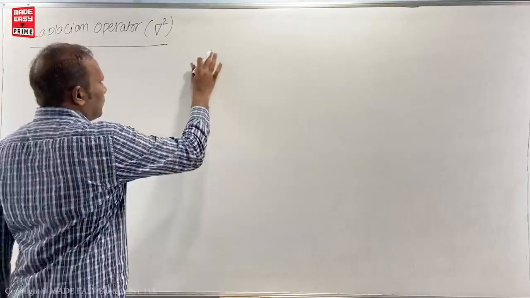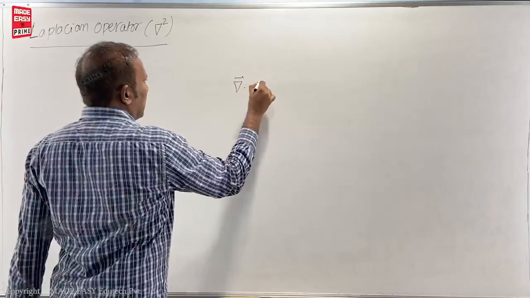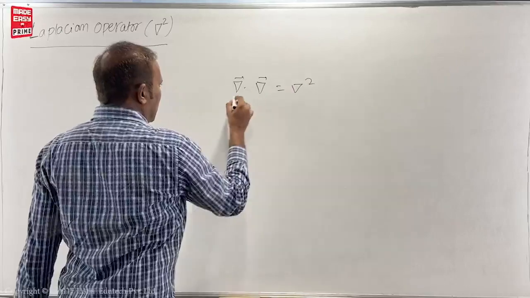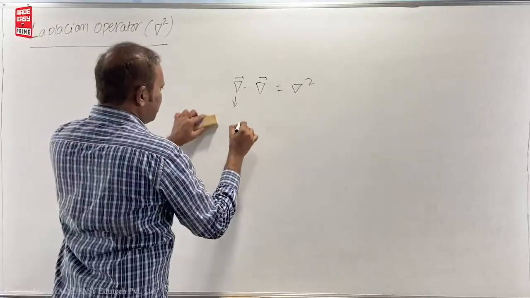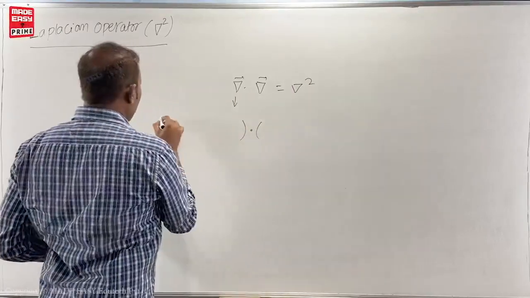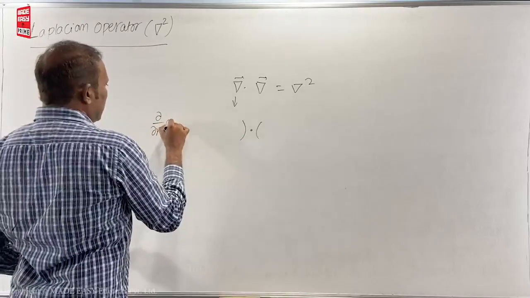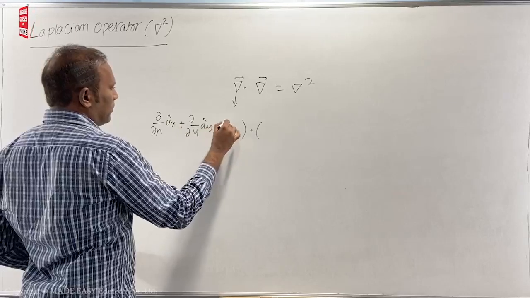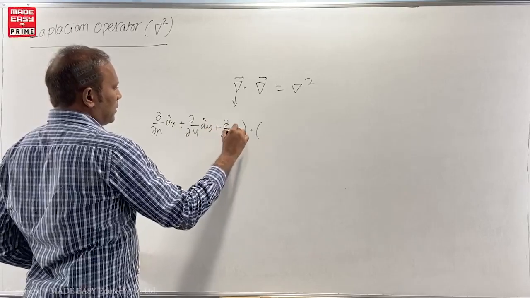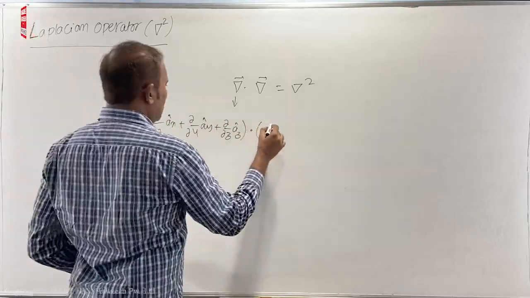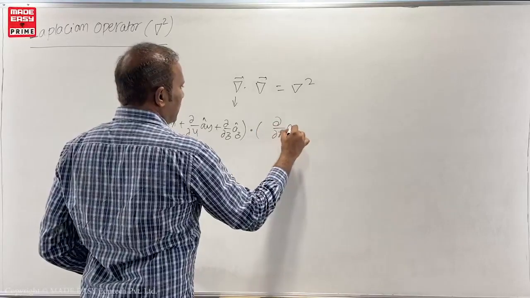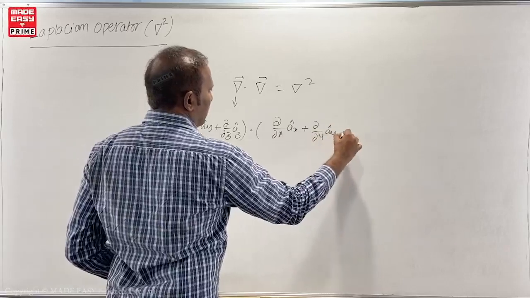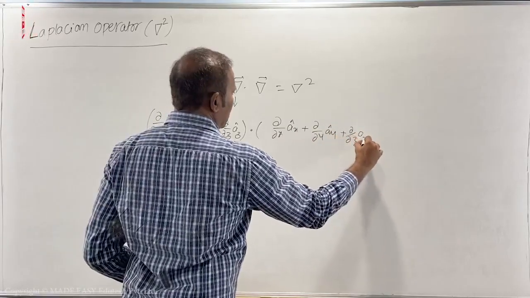So actually it is del bar dot del bar, and this is written as del square. So this is the dot product of dou by dou x ax plus dou by dou y ay plus dou by dou z az, with dou by dou x ax plus dou by dou y ay plus dou by dou z az.